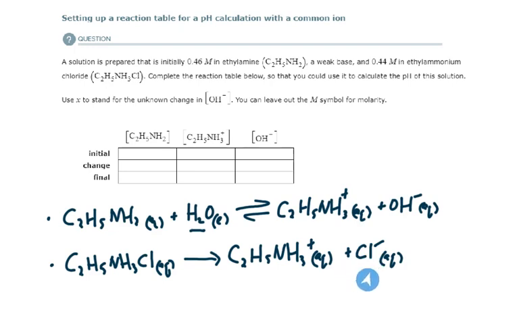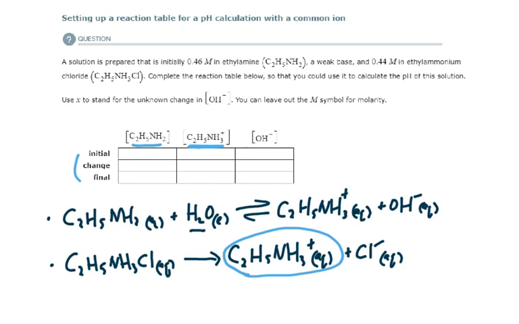So we have chloride anion and we have this cation here. The reason this matters is because when we fill out our ICE table, well, the initial concentration of our conjugate acid is not going to be zero like it has been in the past. Initially, our concentration of this conjugate acid to our base is going to be whatever the concentration of this is.